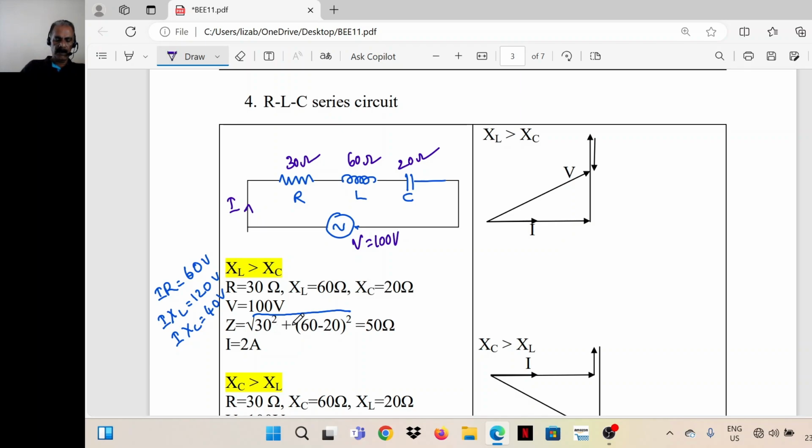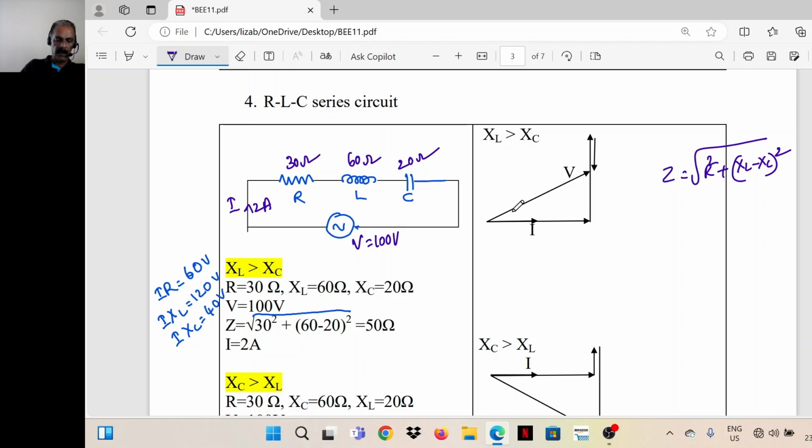So the impedance of the circuit, Z, is equal to the square root of R square plus XL minus XC the whole square. XL is 60, XC is 20, so I get 50 ohm. So current, 100 volt by 50 ohm, is equal to 2 ampere.